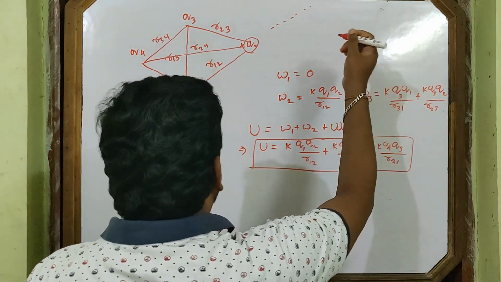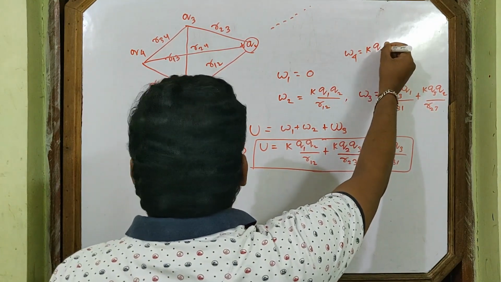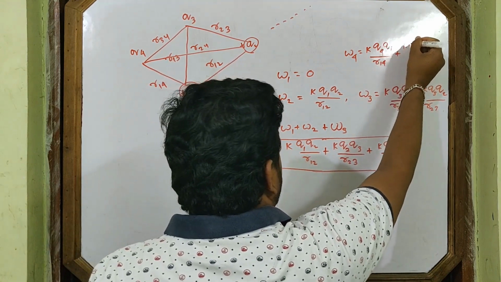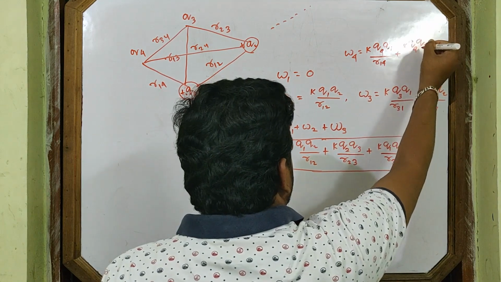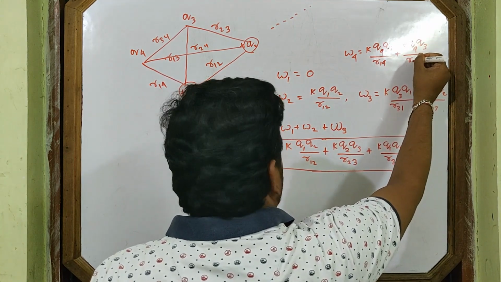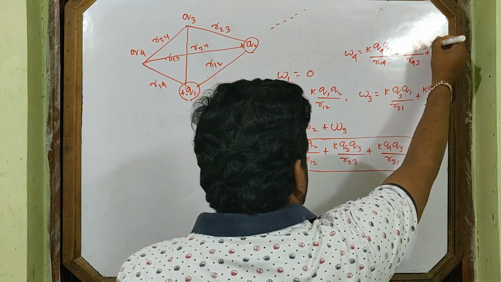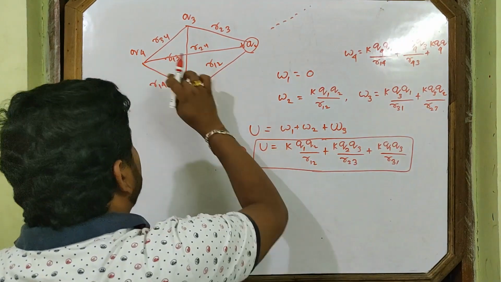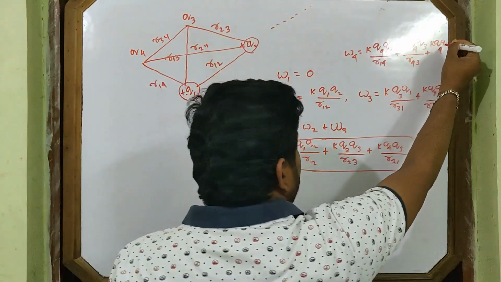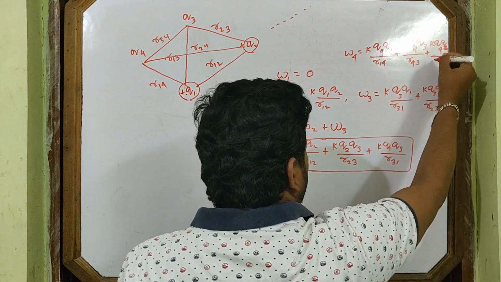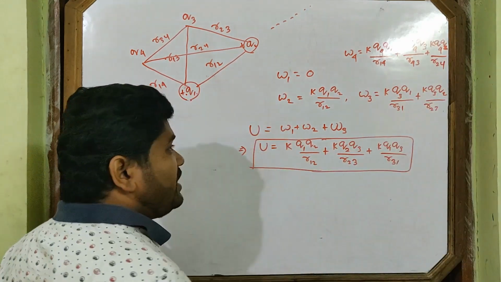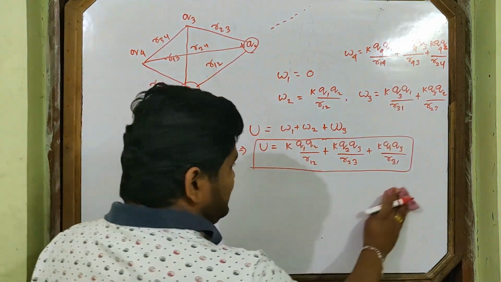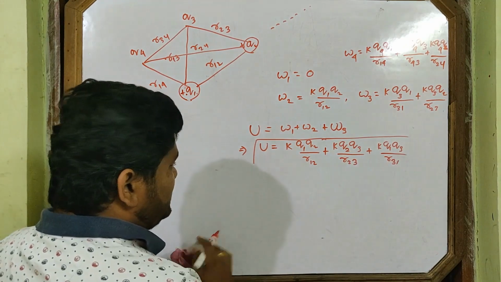So now you see how many terms are coming? 3 terms will come: K Q4 Q1 by r14, then K Q4 Q3 by r34, then K Q4 Q2 by r24. So now 3 terms are again added there. So now this potential expression, what will be here?